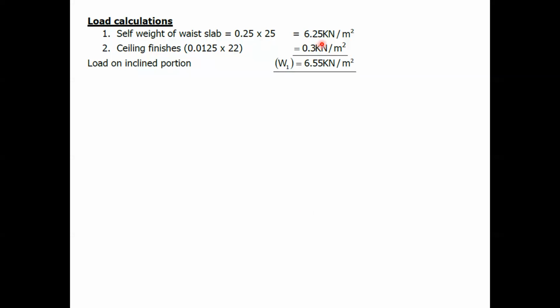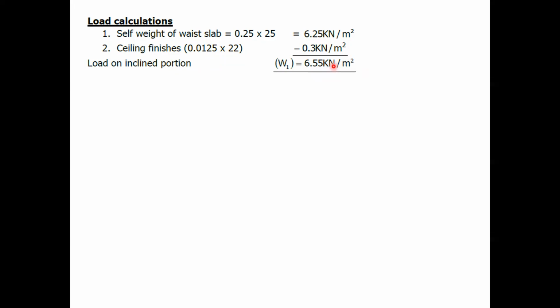So you'll get 6.25 kilonewton per meter square. Then ceiling finish, it is 0.0125 into the density for the ceiling finish, so you'll get 0.3 kilonewton per meter square.